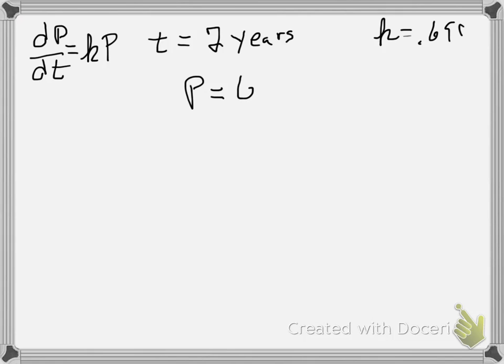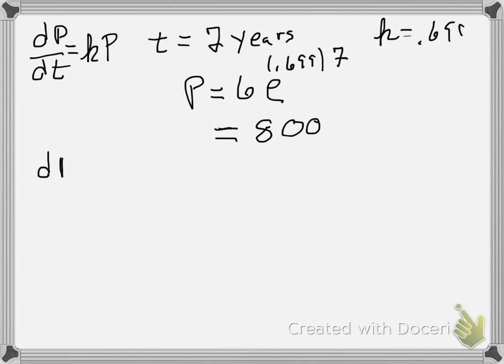So P is going to equal 6 e to the 0.669 times 7, and that's going to be, as we quickly crank this out, 800.118, but we'll just round it at 800.